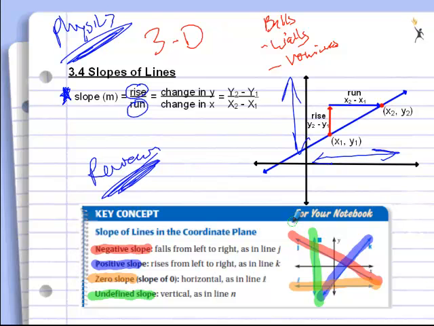And an undefined slope means it increases so fast that we can't actually measure it. It's like if we look at just line N here, and we analyze what happens to line N as we increase on our x-axis from left to right.